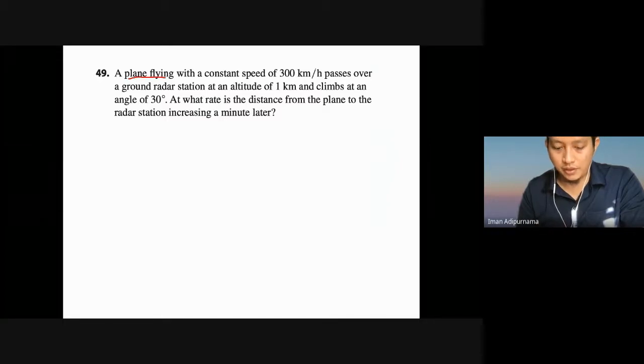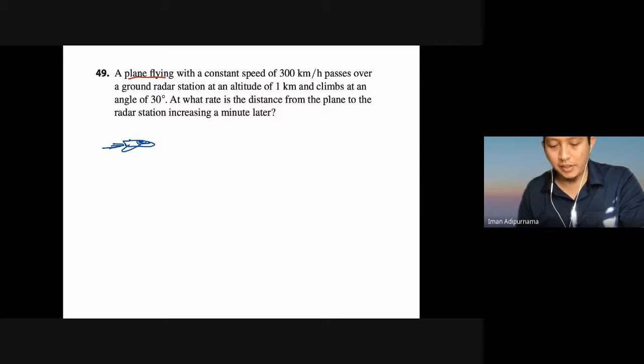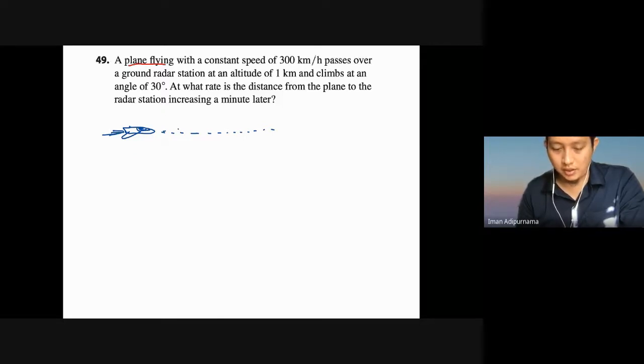So first, a plane. Let me draw a plane, flying with a constant speed. Let's say this is how the plane is going. It passes over the radar station.